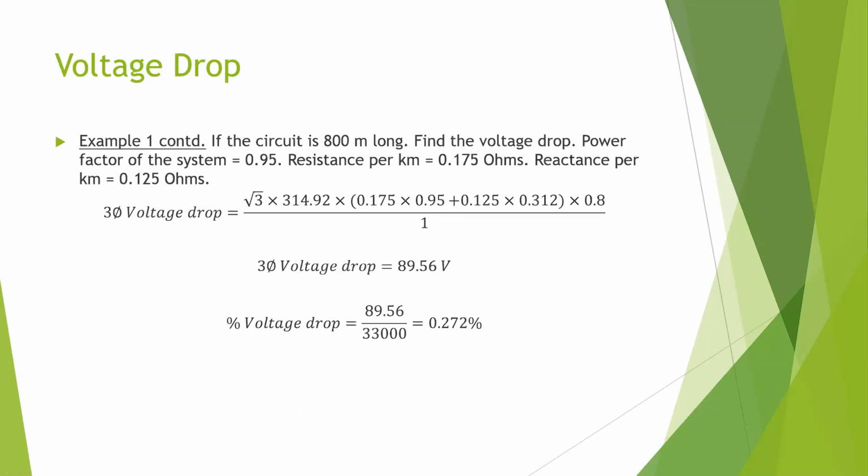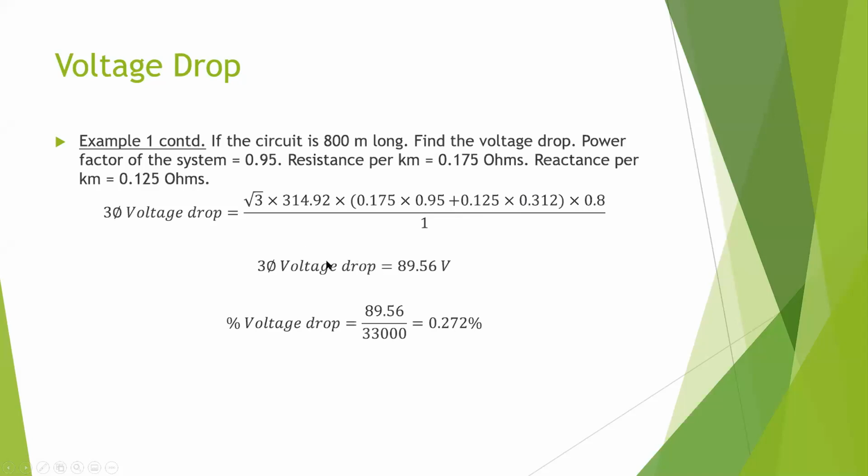Now we are considering that the feeder is 800 meters long, with a power factor of 0.95, and resistance per kilometer and reactance per kilometer are given. So the voltage drop will be given by this equation. We can easily apply all the values here and find out the voltage drop.